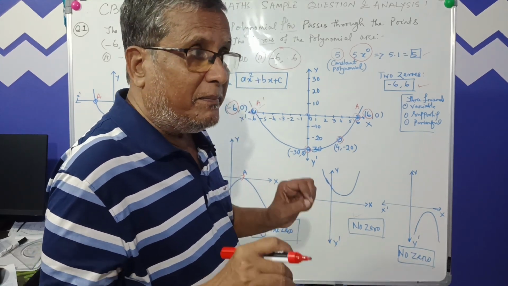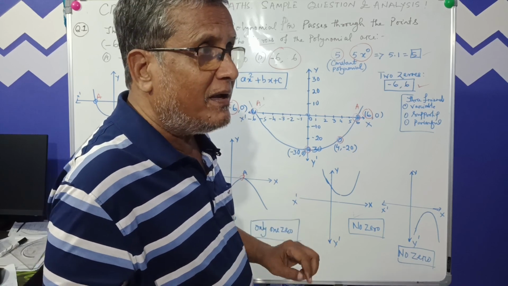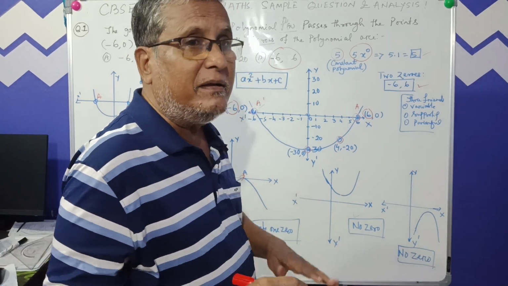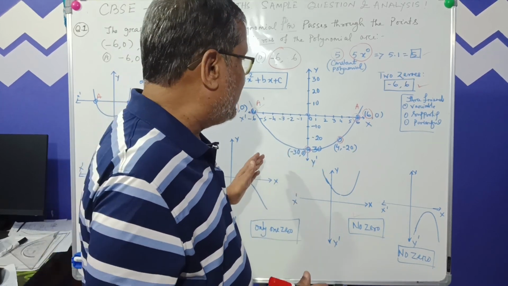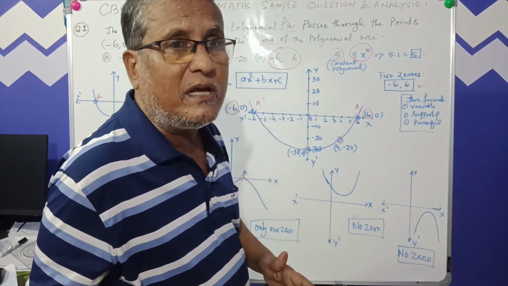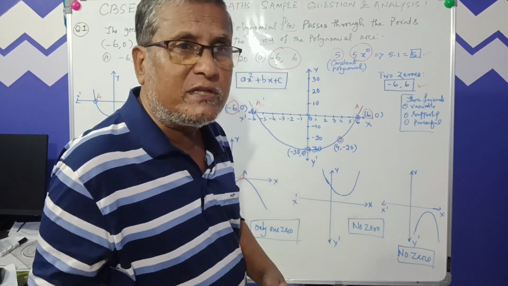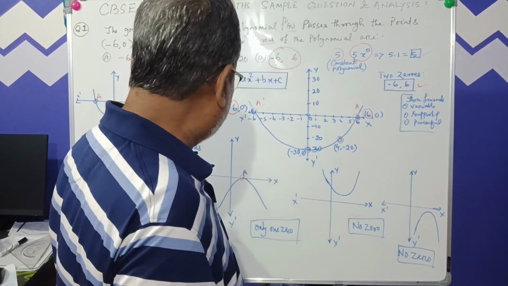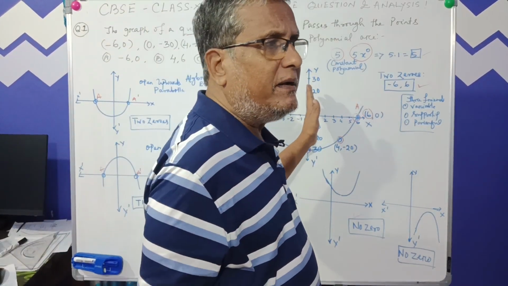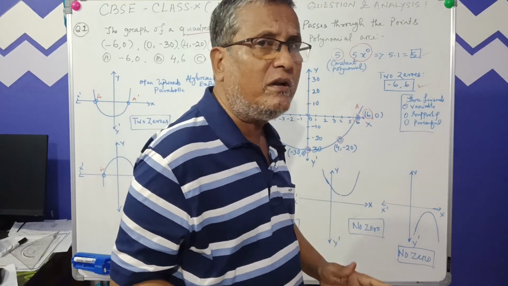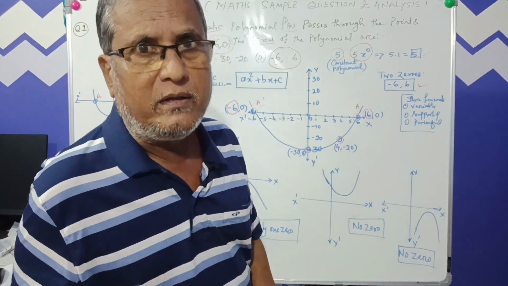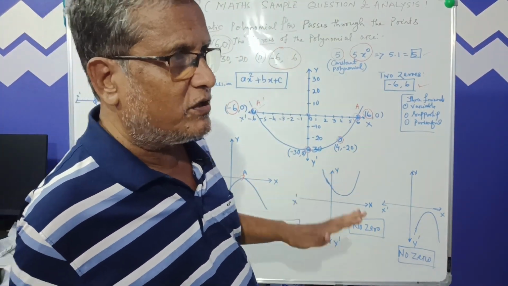Collect this, make a table, try yourself, and graphically try to spot or locate the points, and now join. Please confirm and prove to yourself that there are three conditions for a quadratic polynomial. The question is based on the graphical representation of a quadratic polynomial. So this is all about our discussion today.